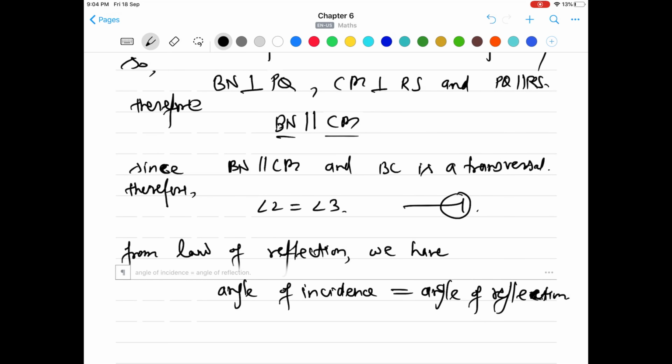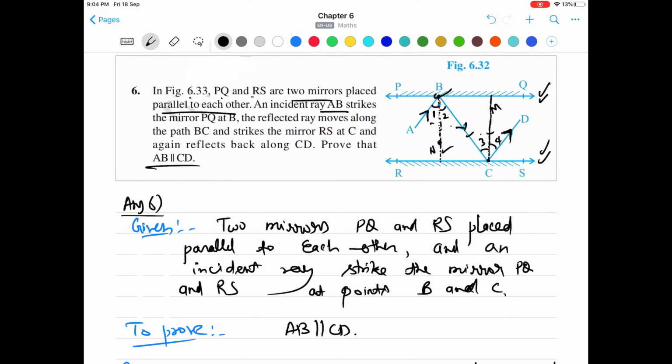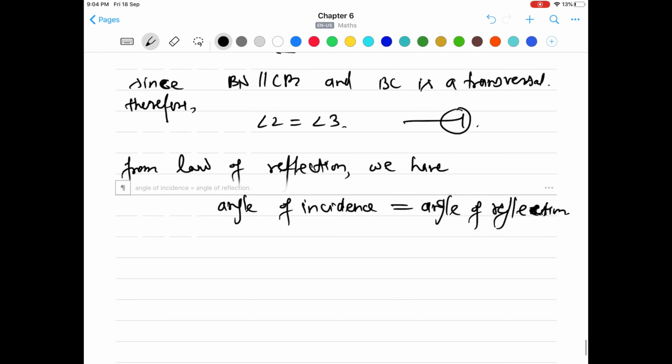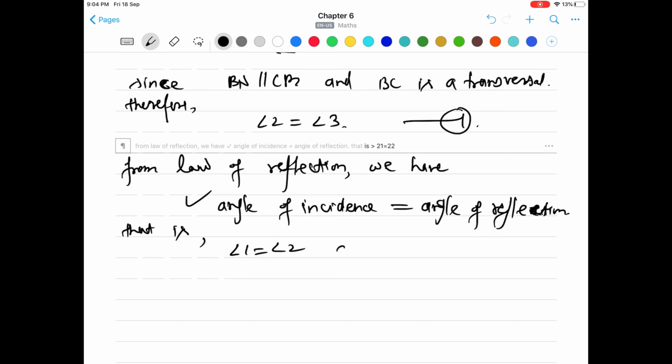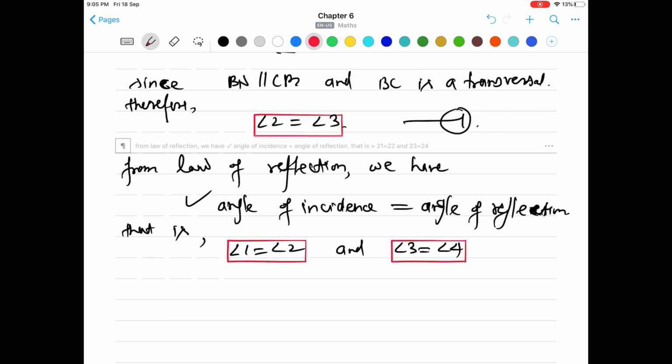That means in these cases angle 1 and 2 will be equal, and also angle 3 and 4 will be equal. This is from the law of reflection which you studied in your physics portion. That means angle 1 equals angle 2 and angle 3 equals angle 4.